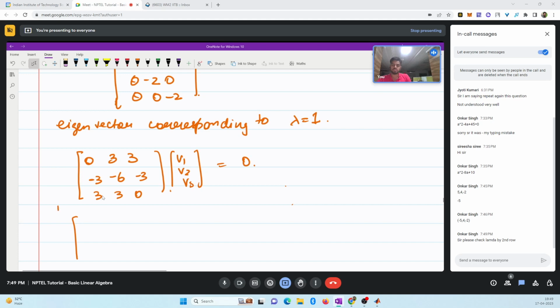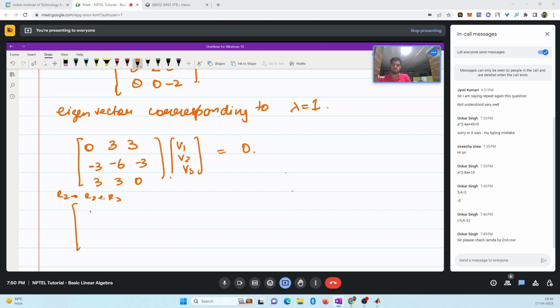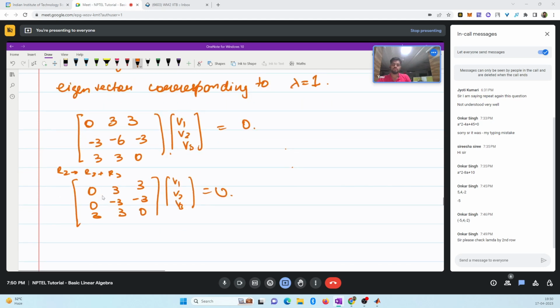So what I'm doing is R2 goes to R2 plus R3. First step would be this. So they become [0, 0, 3; 3, -3, 3; 0, -3, 3] times v1, v2, v3 is 0. Okay. Now I can add this one over here.